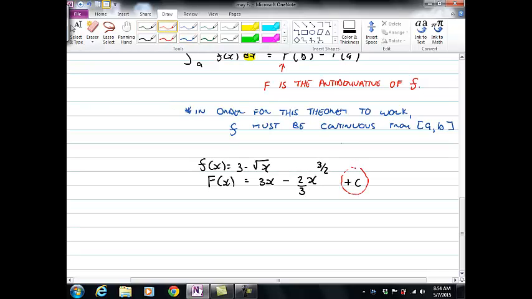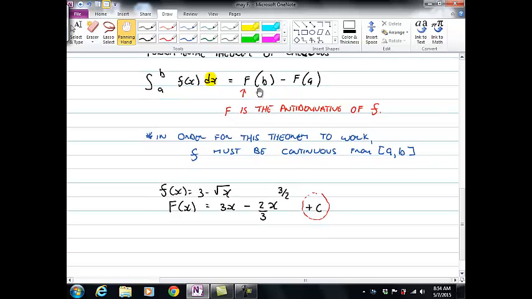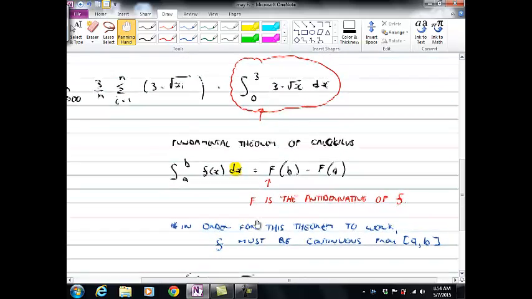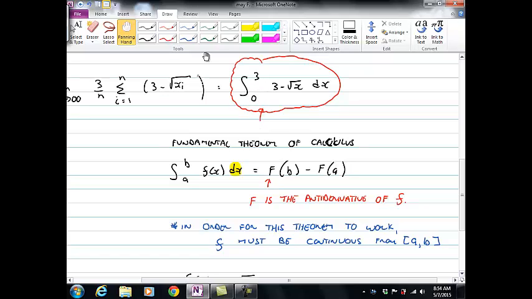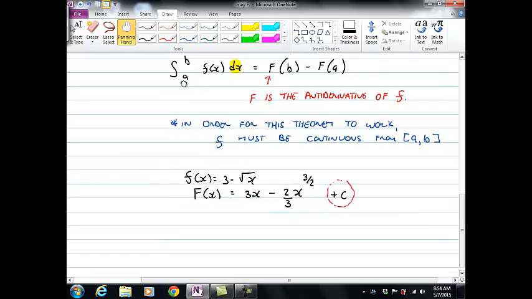So now that's F of x. Now I'm going to take my fundamental theorem of calculus, and it says it's going to be F of b minus F of a. Well, let's go back and sub this in. b is 3. That's your b value. a is simply 0. So let's plug this in.